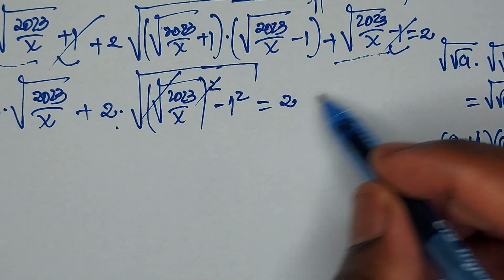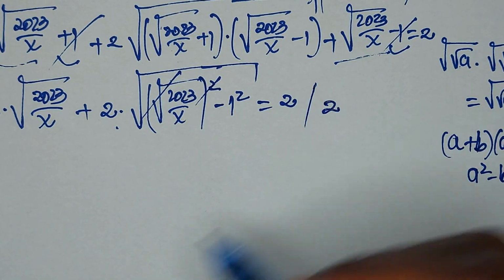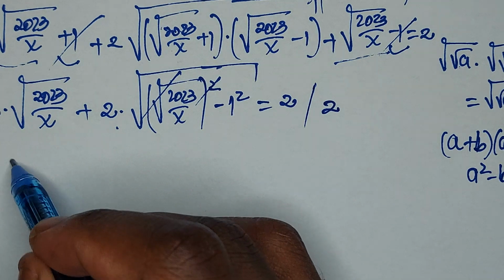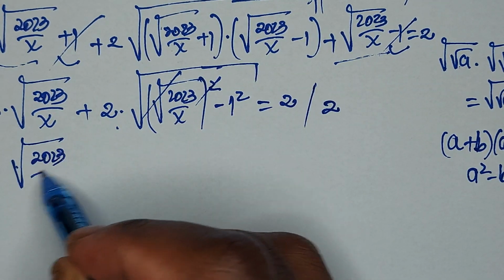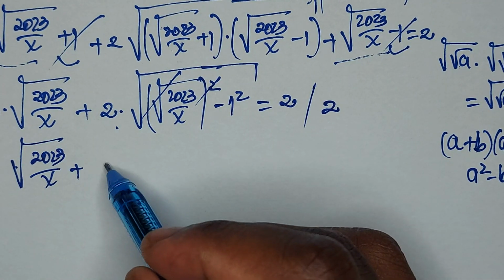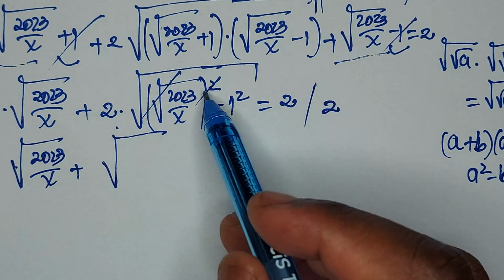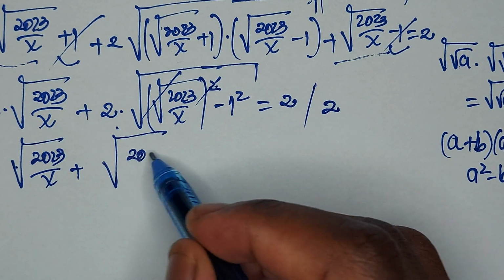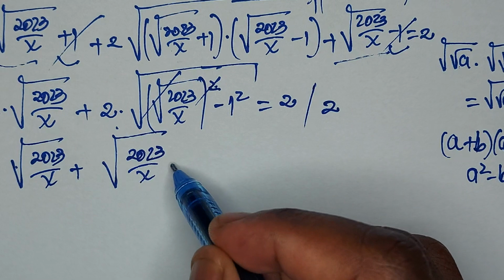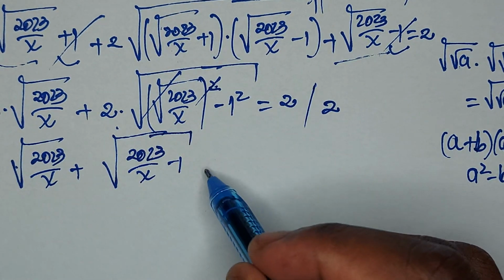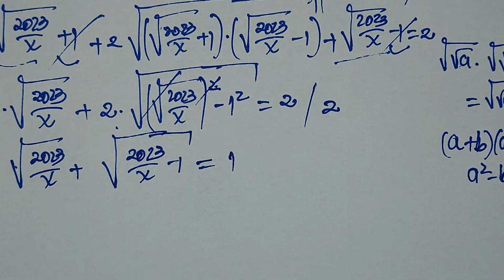We can divide the whole equation by 2, so we'll have 1, plus the square root of 23 over x minus 1, which is going to be equal to 1.